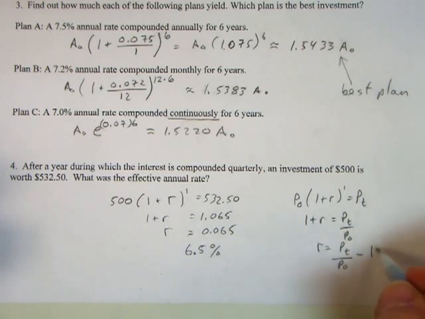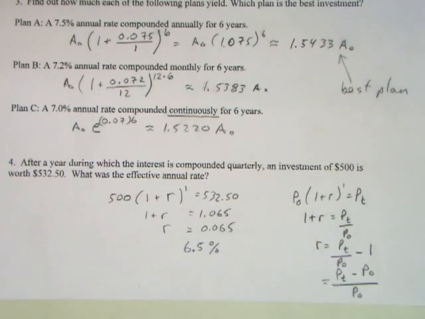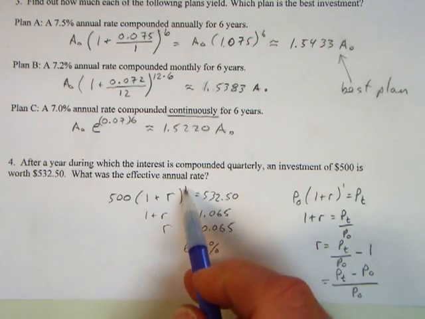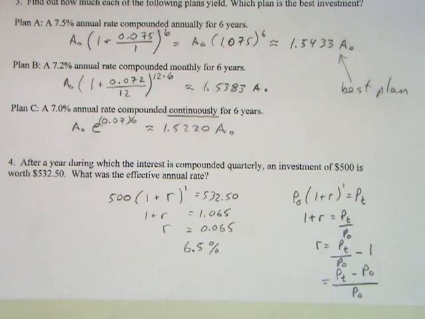And if we have a common denominator, this would be P sub 0 over P sub 0. So we get P sub t minus P sub 0 divided by P sub 0. And that's the exact equation that we had on the other side. That is the effective annual yield, or effective annual rate. Now the only difference, what if it was over multiple years? Then we would have an exponent here. And that's it for these notes.